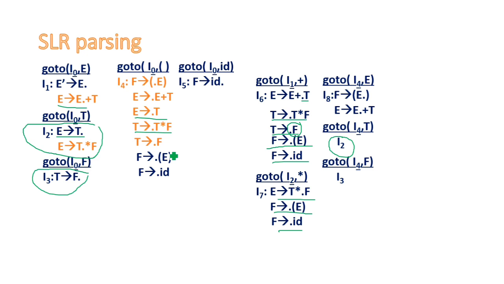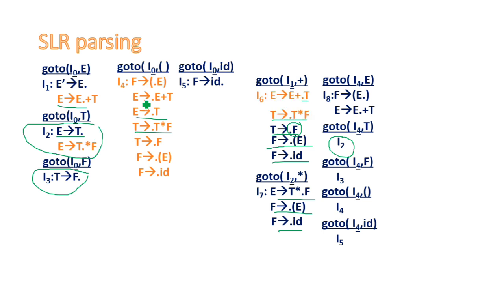When we go for the next production, F tends to open brackets E, goto of I4 comma open brackets will result in I4 itself. And when you go for the final one, F tends to dot ID, it will be making I5, F tends to ID dot. Now no need to process I5 because the dot is already at the end.